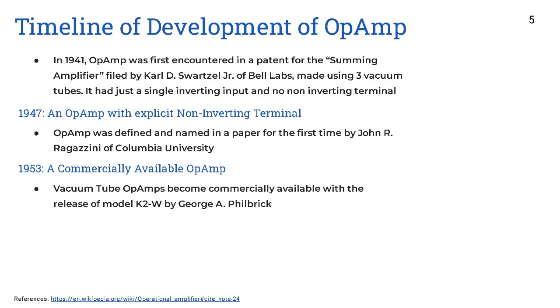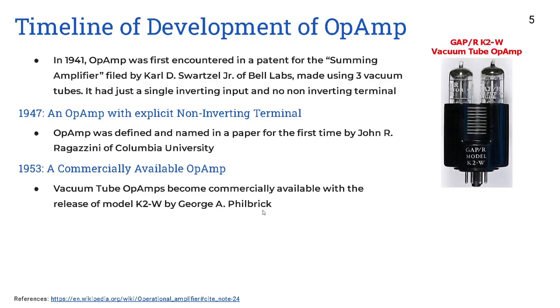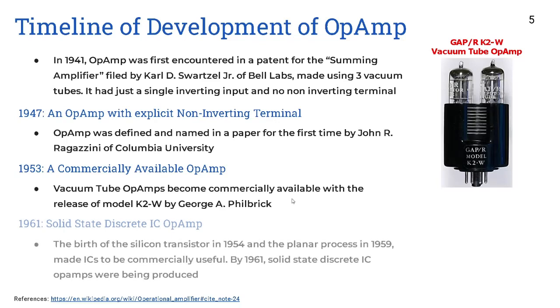The vacuum tube op-amps were made available by the release of the model K2-W by George A. Philbrick, and you can see a picture of it on the right side. The GAP/R just refers to the name of the company, which is George A. Philbrick Researches, and this was a vacuum tube op-amp which was first made commercially available.